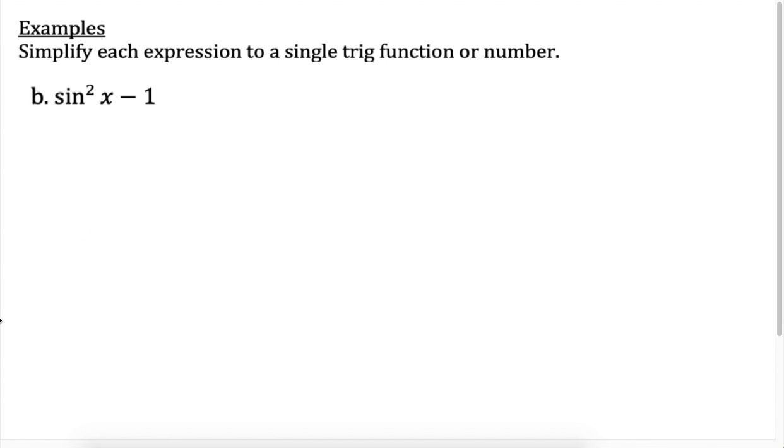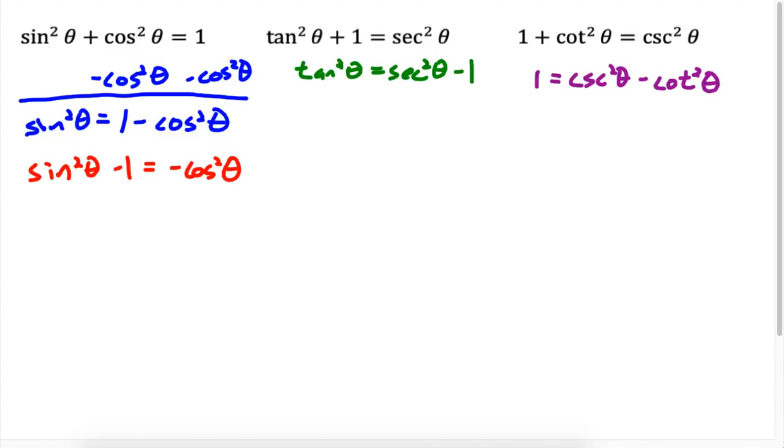Now, whenever we see any trig function squared, we really want to think about the Pythagorean identities. So with sine squared minus 1, we want to think, is there any way that I can manipulate this to get there? And we actually already did that. It took 2 steps. We subtracted cosine squared, and then we subtracted the 1 over, and we got sine squared minus 1 is just equal to negative cosine squared.